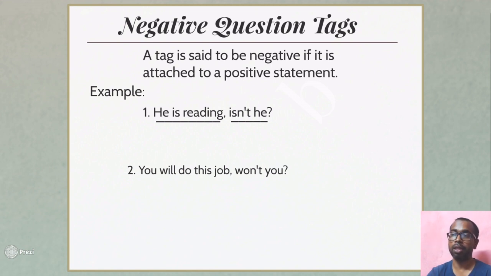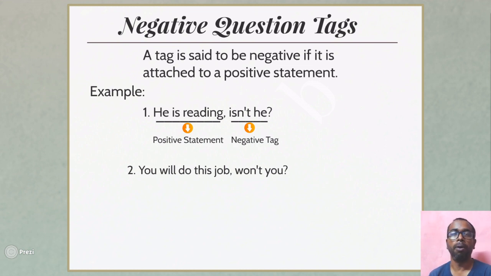It is definitely a positive statement, very clearly, because "he is reading" is a positive statement. But the second part, "isn't he," that's a negative tag. So a negative tag is attached to a positive statement, right?